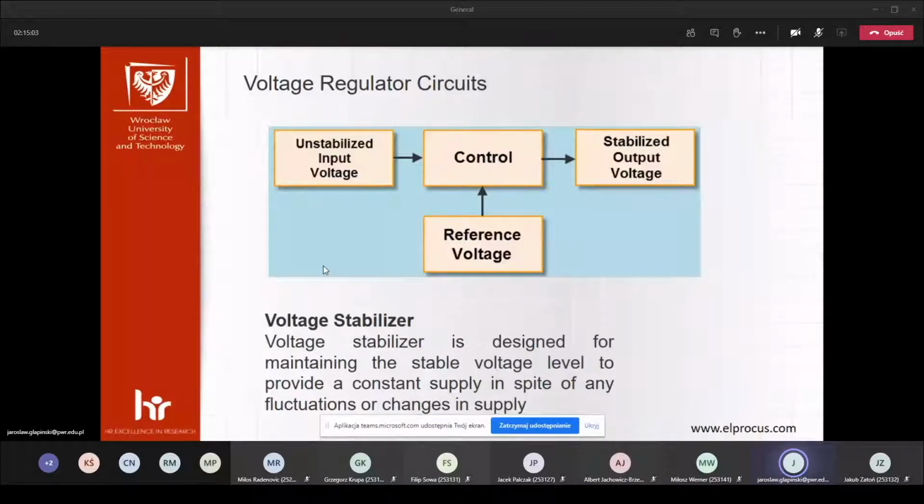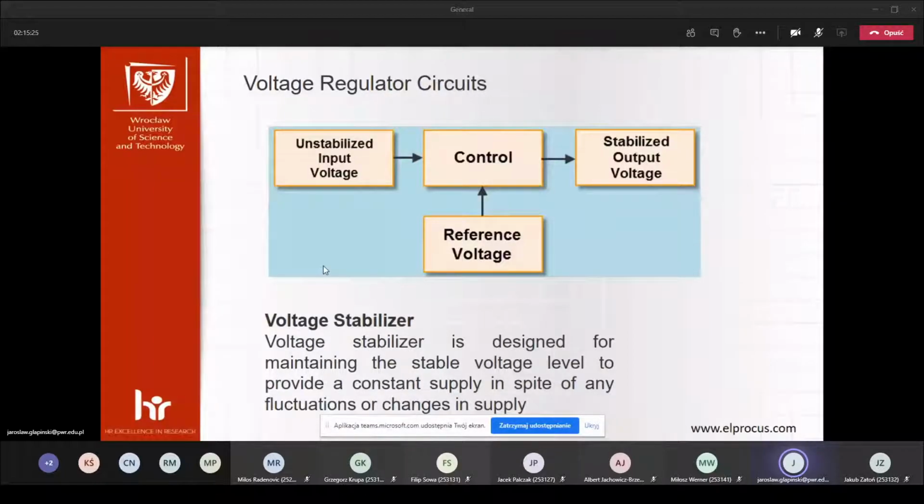So those were the elements that store the energy. But we can see that for all of these elements, the voltage at the end of the elements is not stable. It changes due to time, current, temperature, and so on.